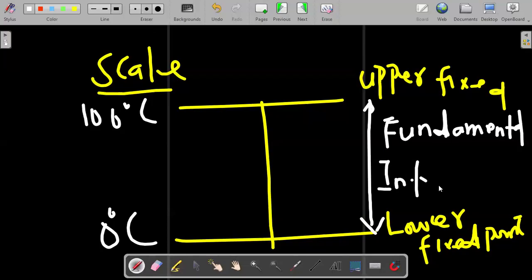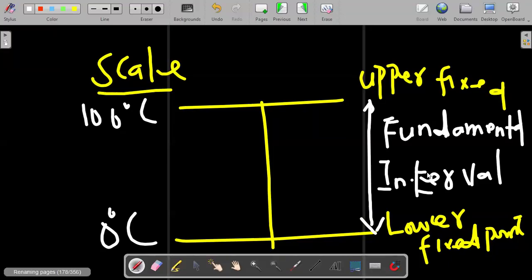The difference between the upper and the lower fixed point is referred to as the fundamental interval. That is the definition of fundamental interval. It's a terminology in temperature.